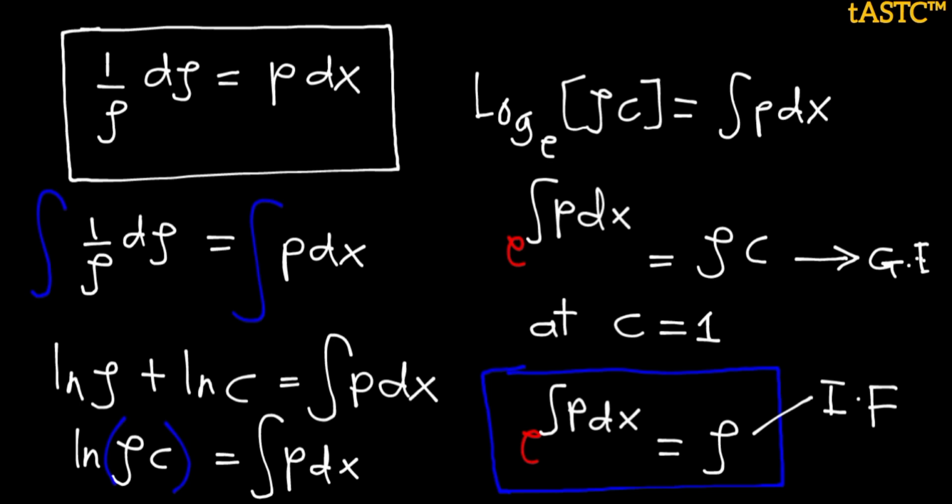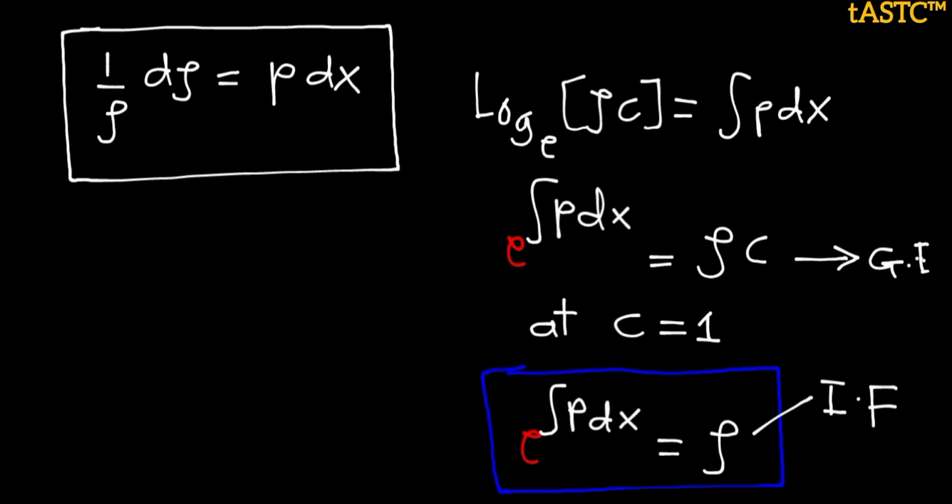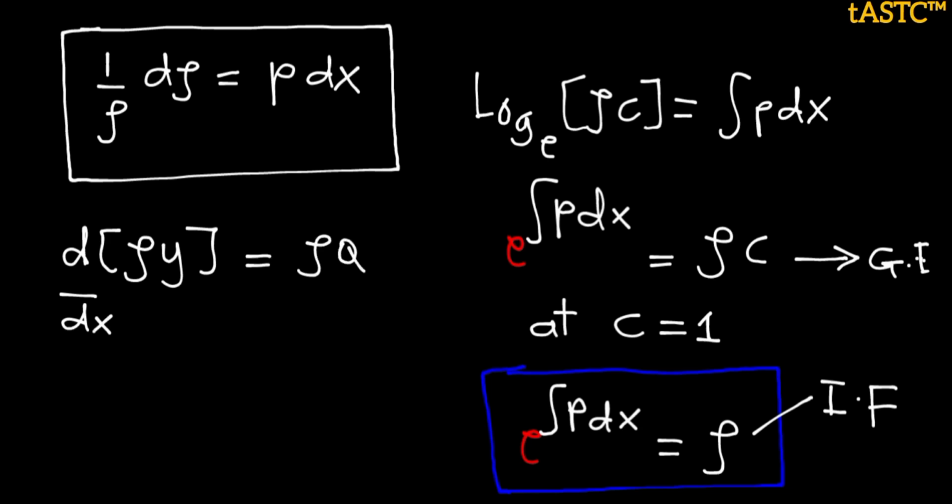For every equation which is a first order linear equation, you need to find out what the integrating factor is, and from there you can go on to solve the question. Now, immediately you have found out what the integrating factor is, you need to work out the derivative of the integrating factor multiplied by y with respect to x, and this must be equal to rho q.